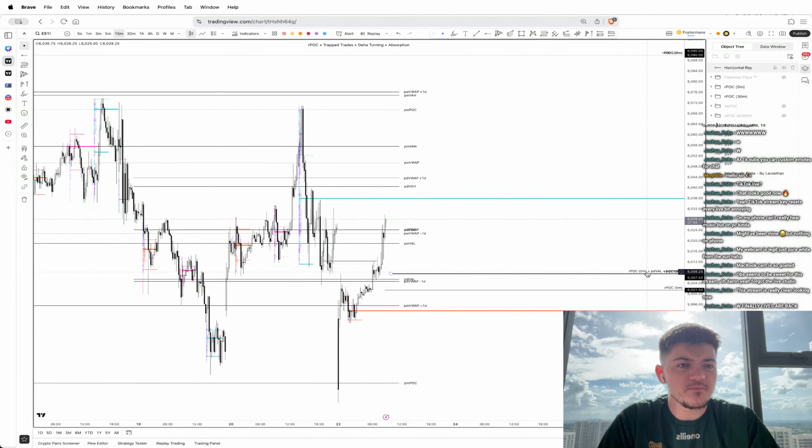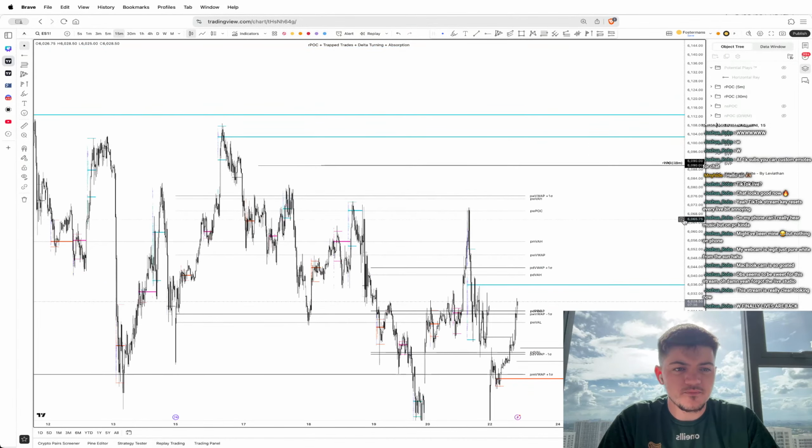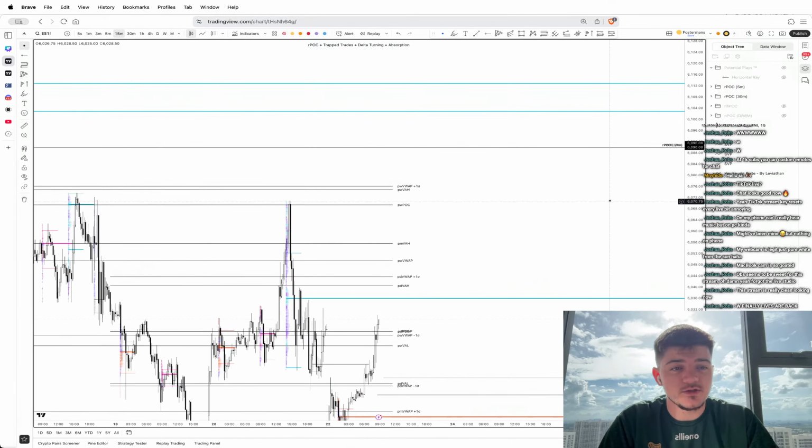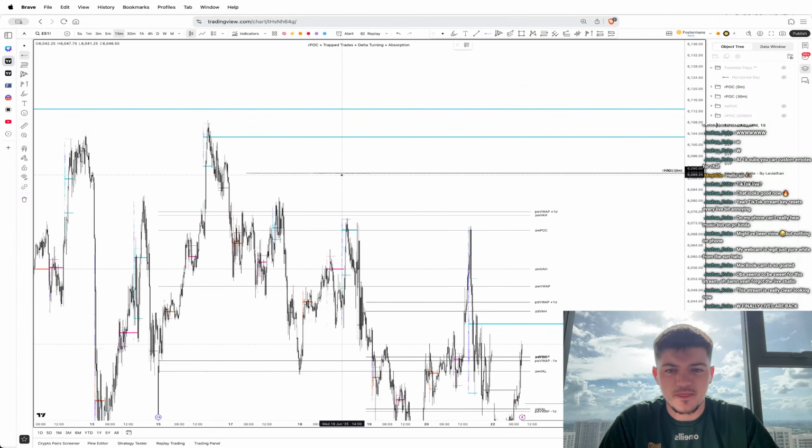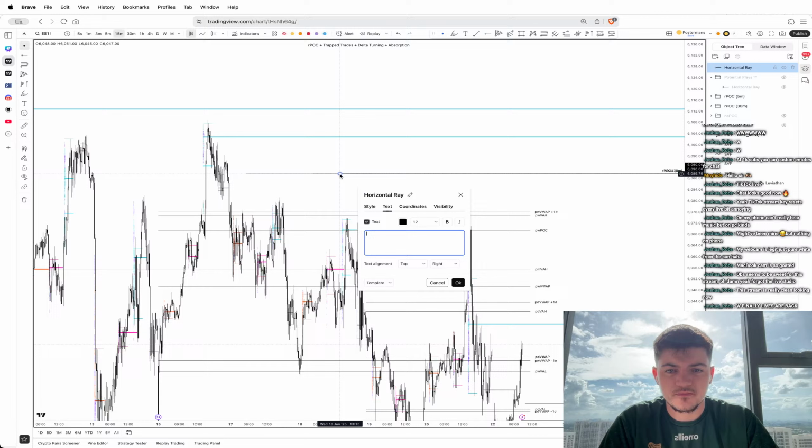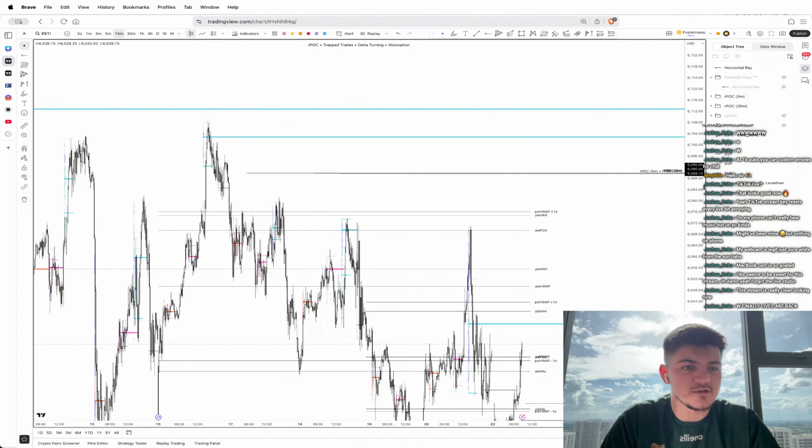Right. Let's put that in there. Oh wow. Double whammy up here, right? So we'll range POC on the 5 min. I just like to keep myself clean as well, so I know that's why I write all these out. Just so I know, okay, this is what this level is.